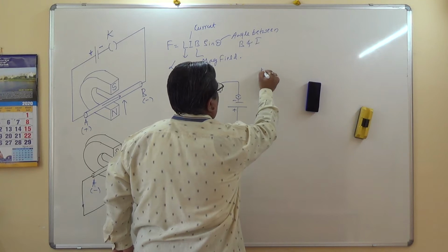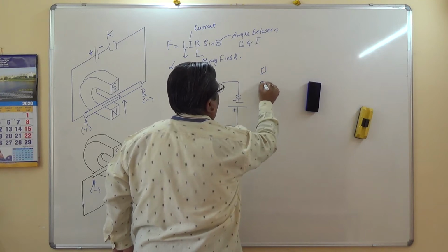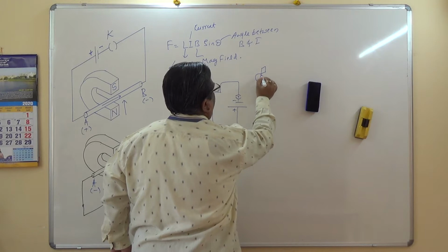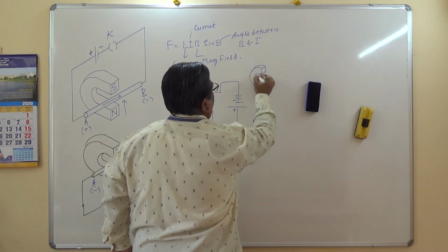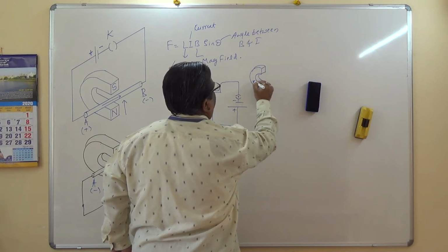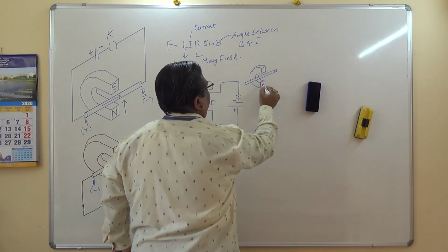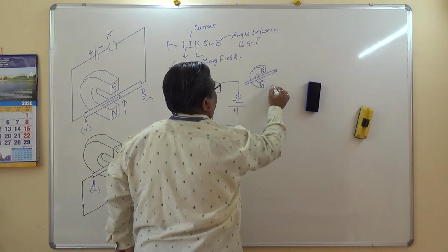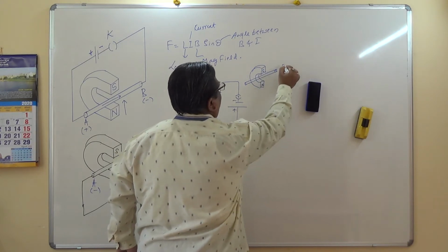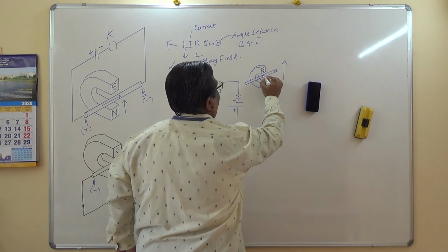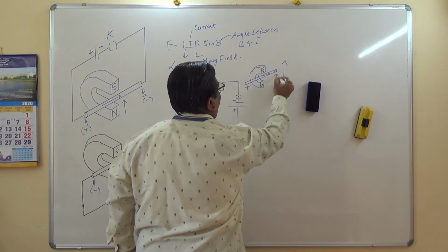Suppose this is the horseshoe magnet. If I place the conductor something like this, then this is north and this is south. The field is in this direction and the current is in this direction. This is plus and minus.